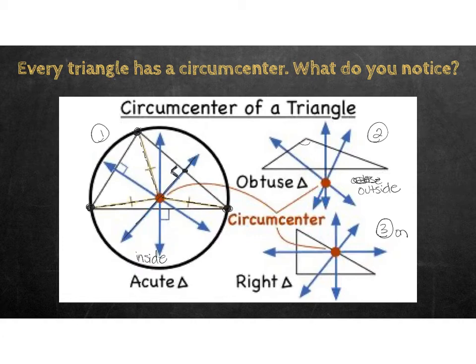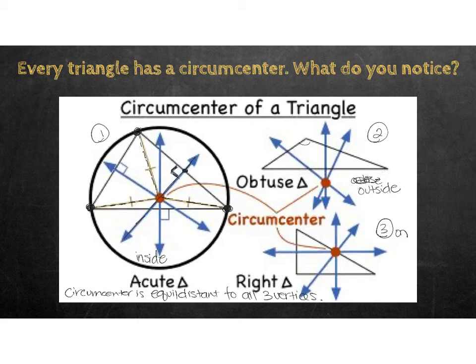That's because my circumcenter is equidistant to all 3 vertices. So that yellow distance is the radius of my circle.